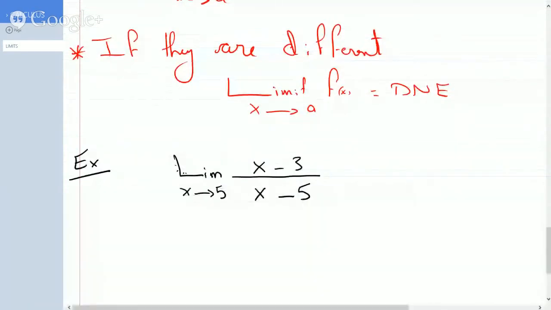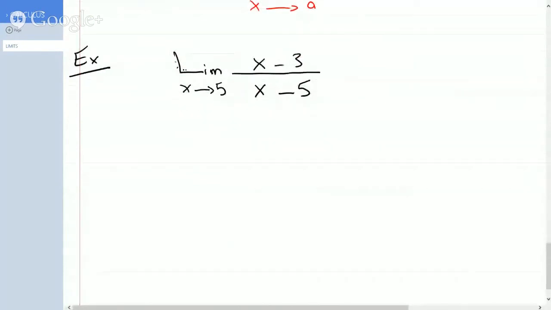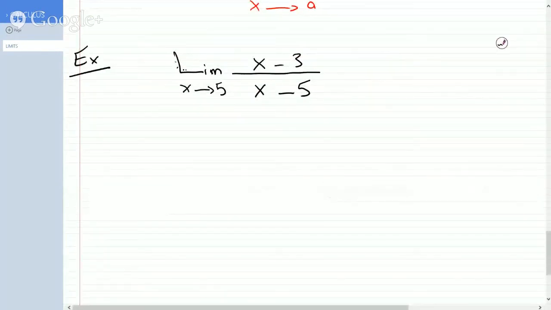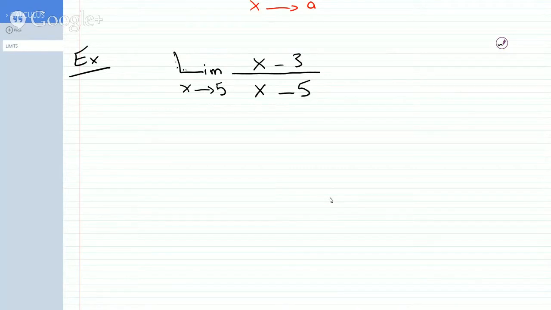Okay, so strategy 1, plug it in. Doesn't work. You get 0, right? So if you plug it in, it doesn't work. Try to factor. Dead end. There's nothing you can factor. Go to the sided limits.